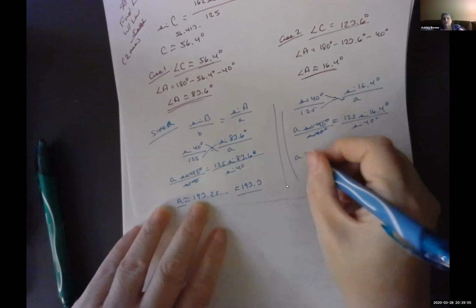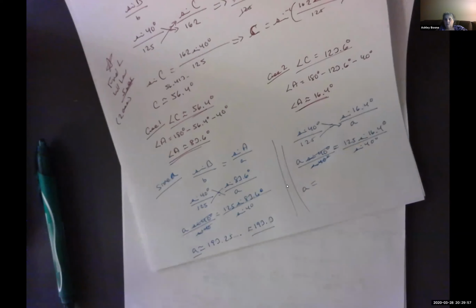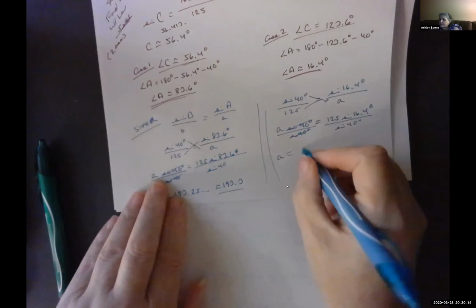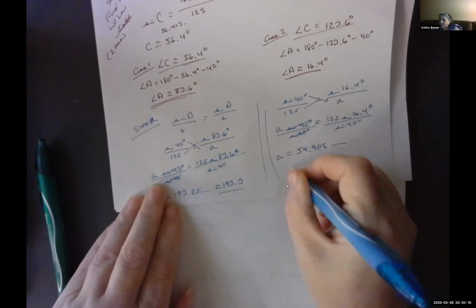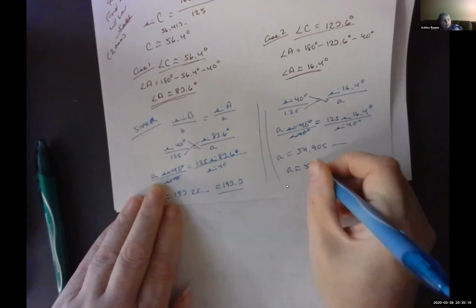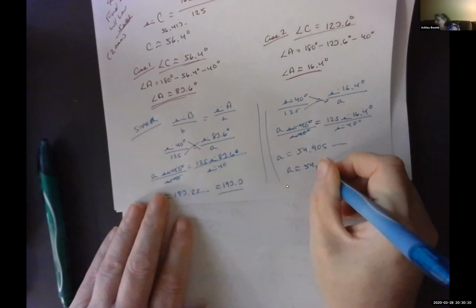So do that fraction. 125 sine of 16.4 divided by the sine of 40. So here we get 54.90, etc. So A is approximately 54.9.